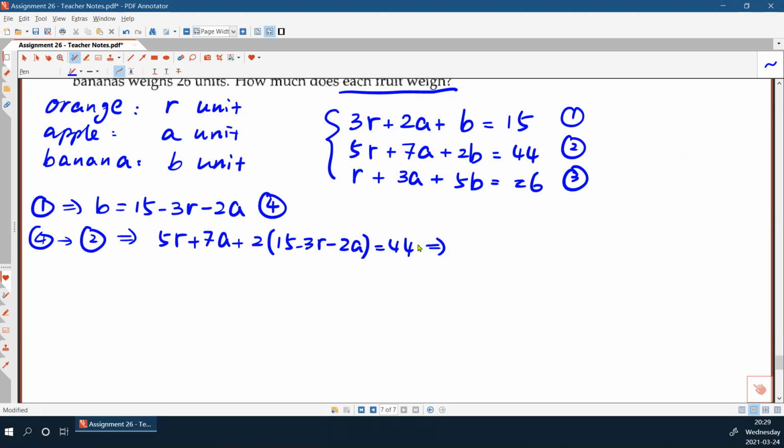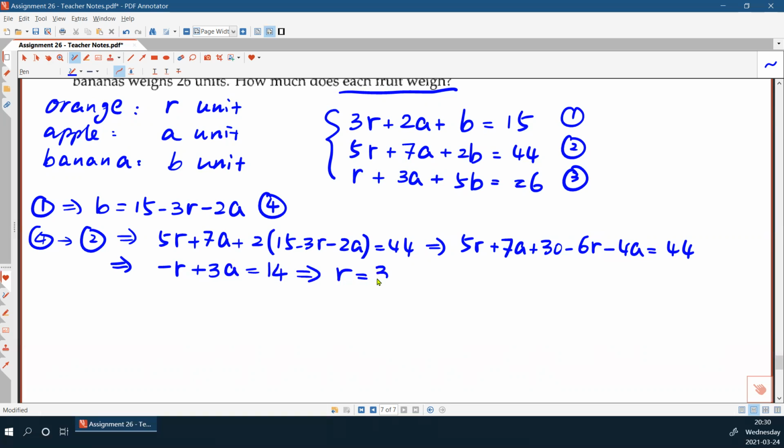So that means 5R plus 7A plus 30 minus 6R minus 4A equals 54. Further simplified to minus R plus 3A equals 24, right? So that means R is 3A minus 24. Okay?